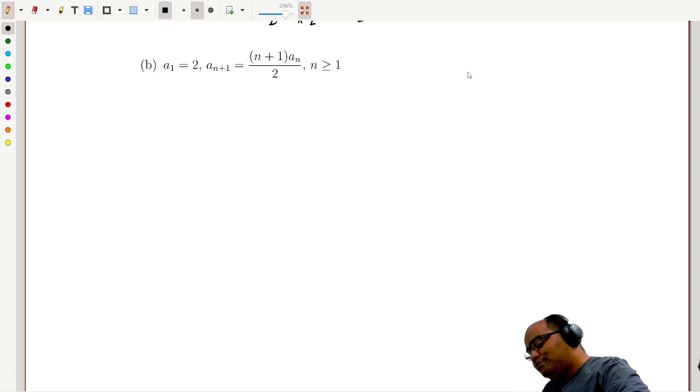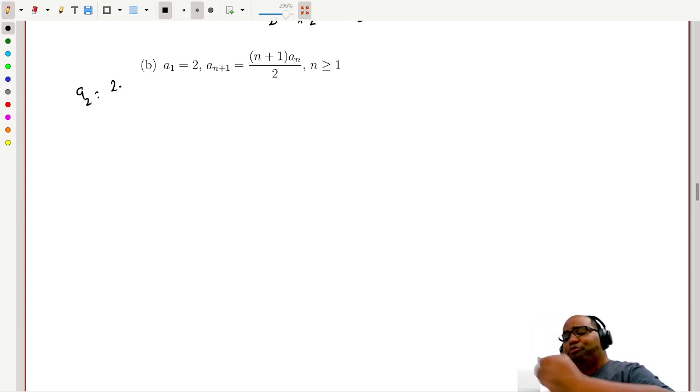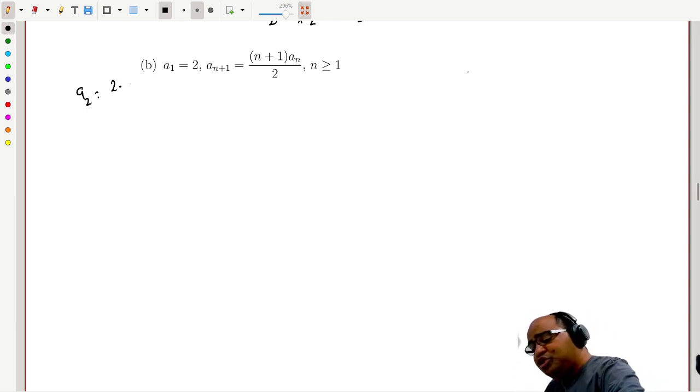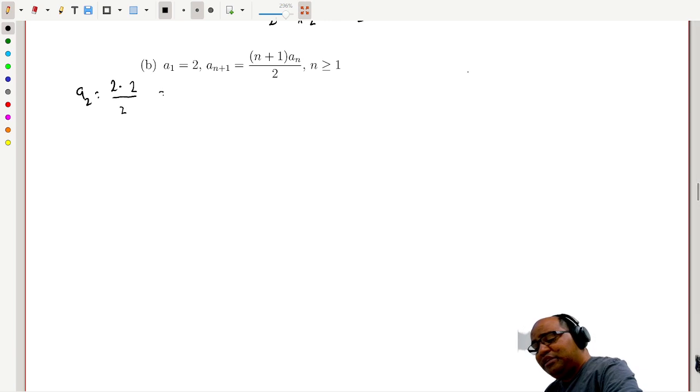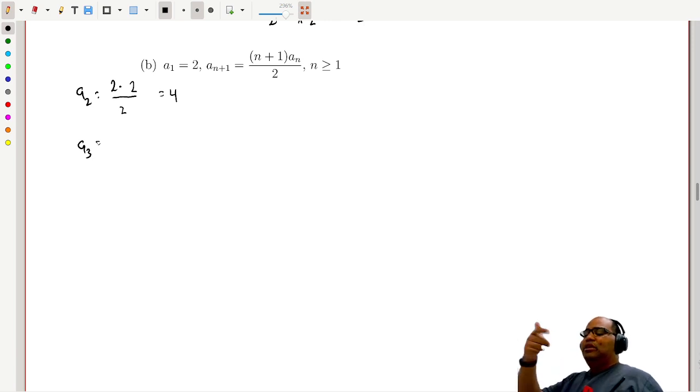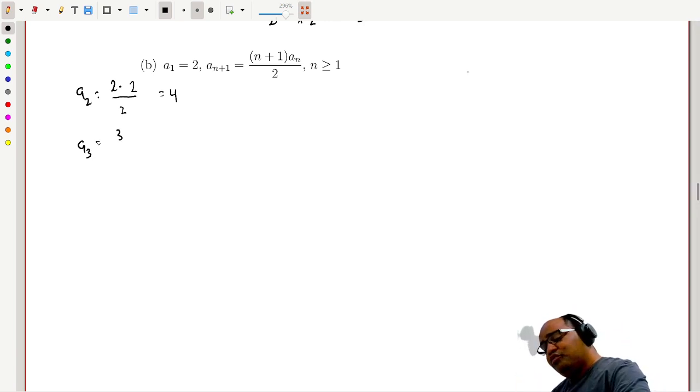Let's look at a_2. That's going to be the new index 2 times the previous term 2, divided by 2. Well, 2 times 2 is 4, divided by 2 is 2, so we just get a 2 there. Now what about a_3? We take the next index, which is 3. Let's do some coloring here.